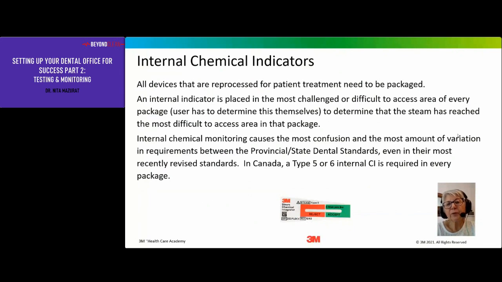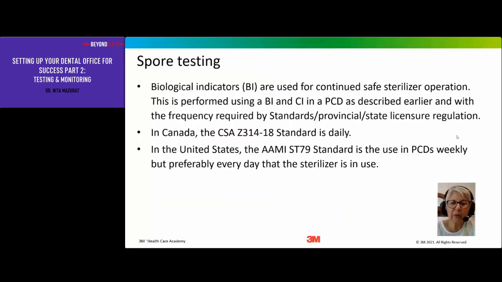Internal chemical monitoring causes the most confusion, the most variation in requirements between the provincial or state dental standards, even in their most recently revised standards. In Canada, a type 5 or 6 internal chemical indicator is required in every single package.